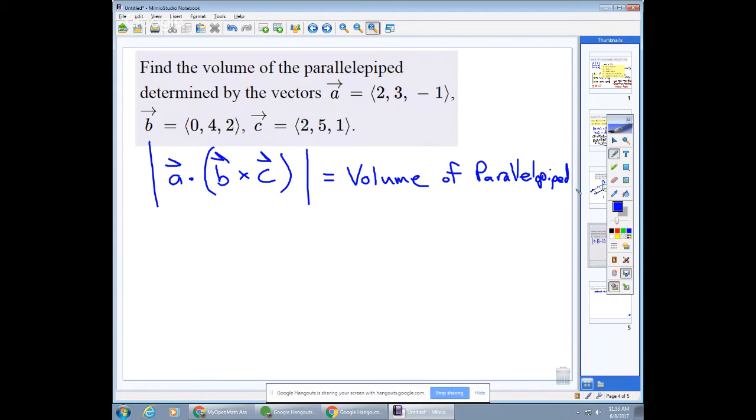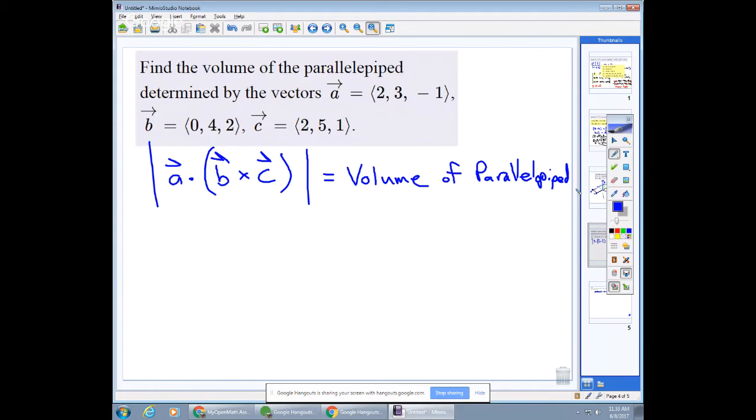Does it matter which one you dot? What's that? Which vectors you dot? Yeah, that's a good question. We do have to consider the right-hand rule to do that. Otherwise, well, no, we don't, because we're taking the absolute value of it in the end.